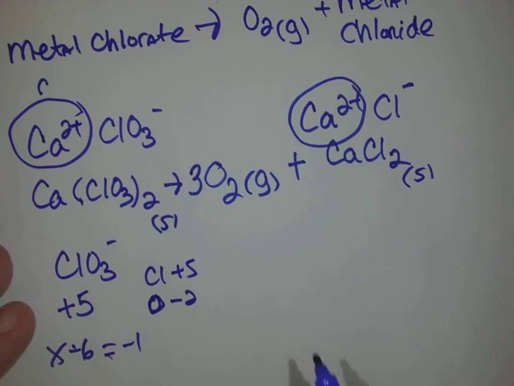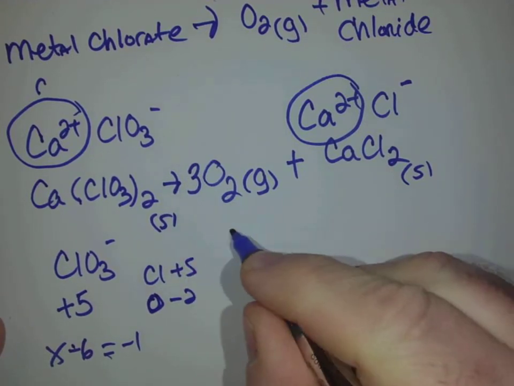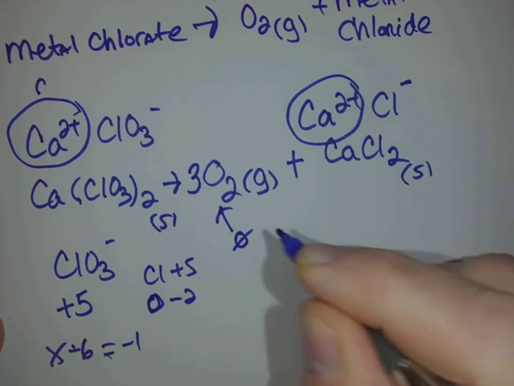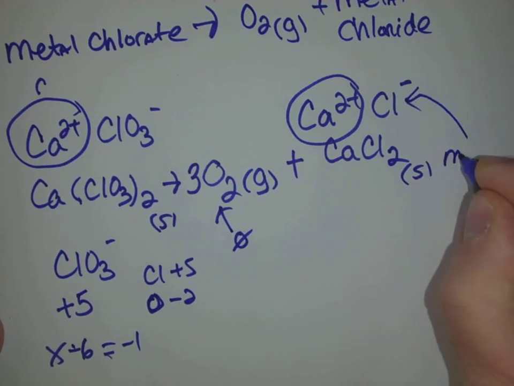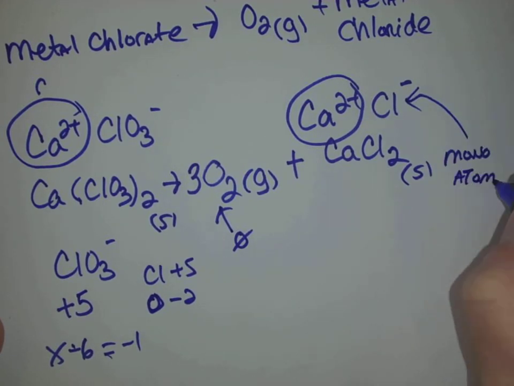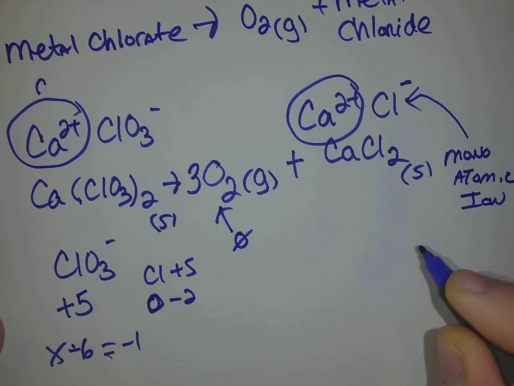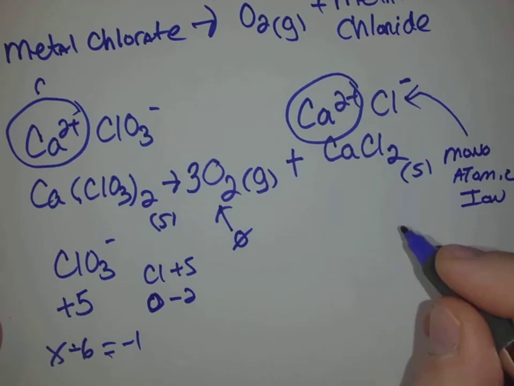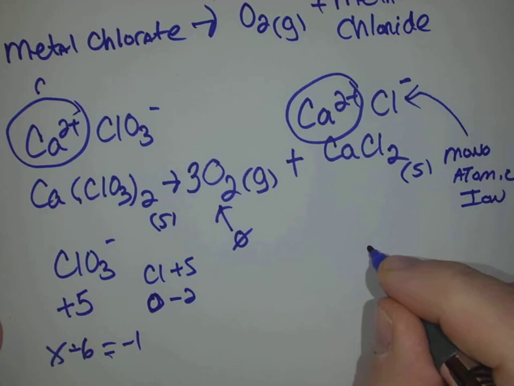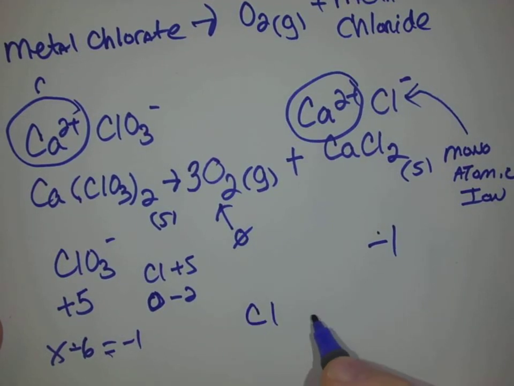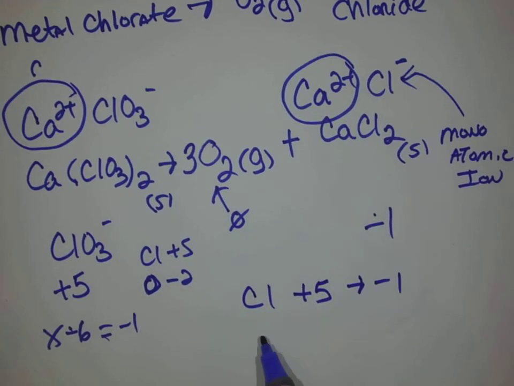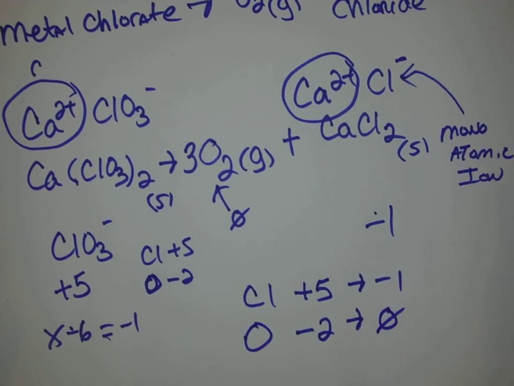That would be a -1. Over here, on the product side, oxygen is a 0. This is an element by itself. And chlorine is a monoatomic ion, so that means its oxidation number equals its charge. So the oxidation number is -1. Let's put this together. Chlorine goes from a +5 to a -1. Oxygen goes from a -2 to a 0.